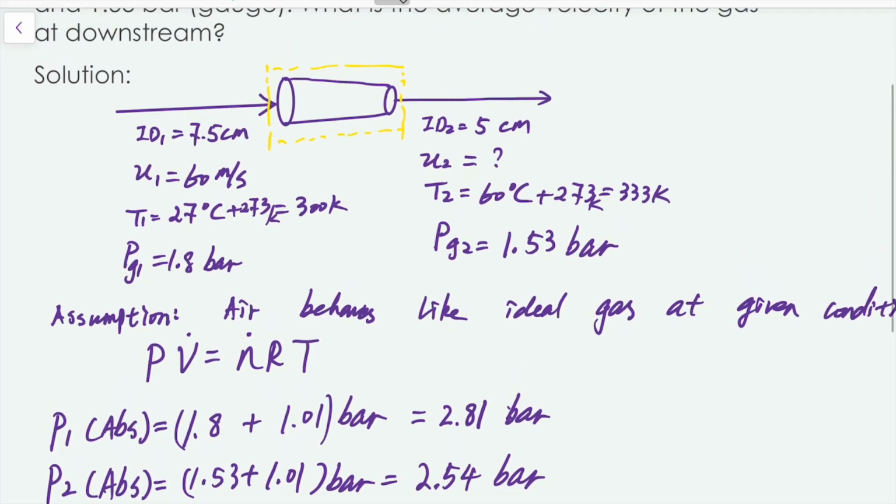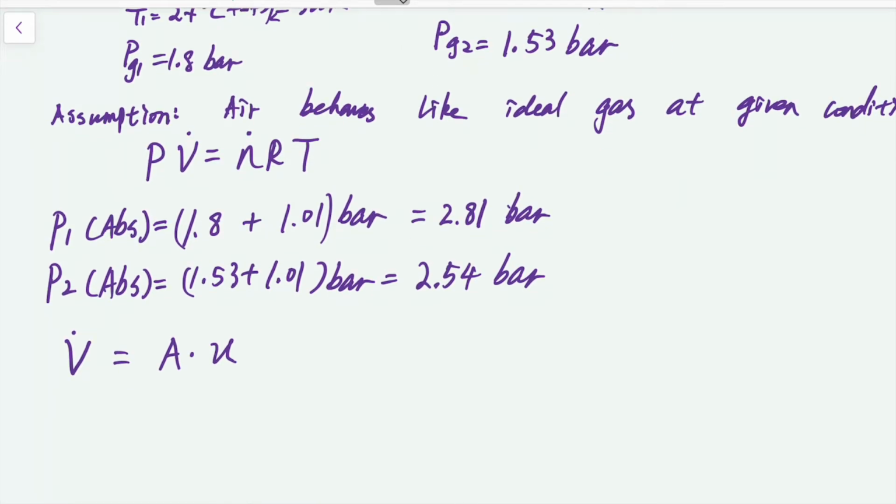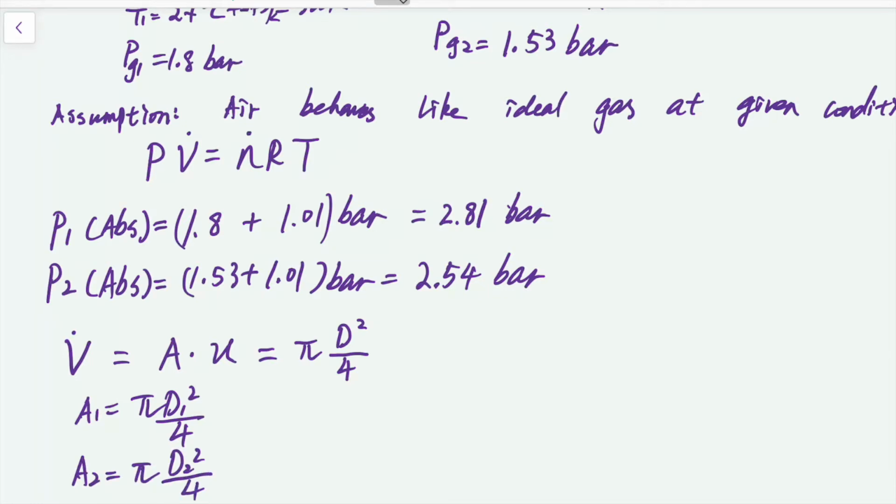And because the diameter is given, area is pi r squared, and you know r is d divided by 2, so take that square and you get this. Therefore we got A1 is pi d1 squared divided by 4, and A2 is pi d2 squared divided by 4.